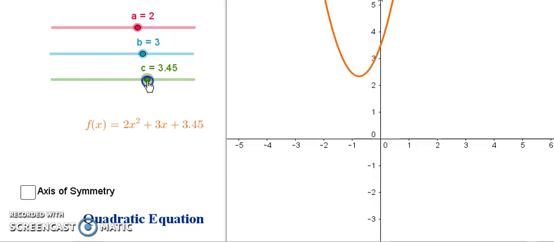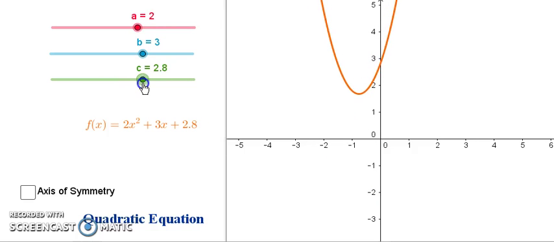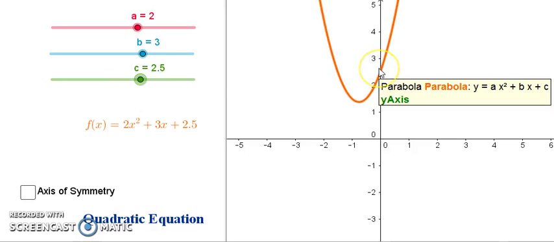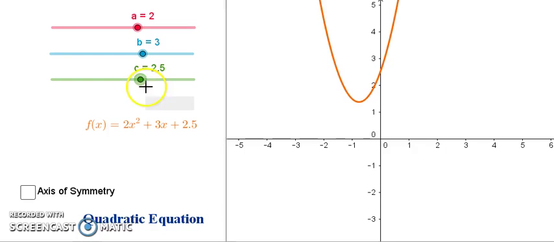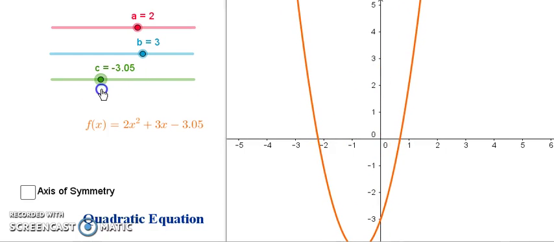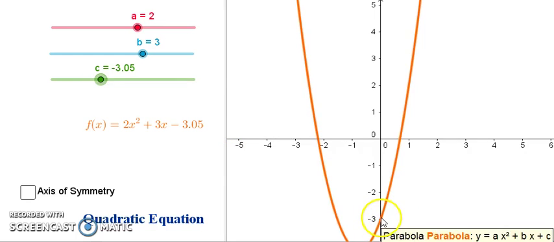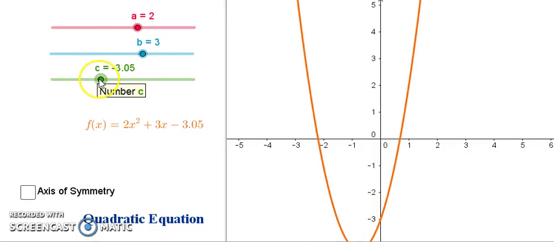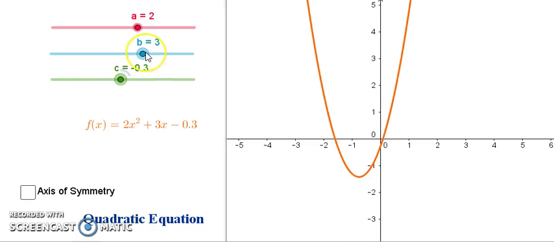If c is 2.5, the graph crosses the y-axis at 2.5. If c is negative, then it crosses the y-axis at a negative number. So c controls that.